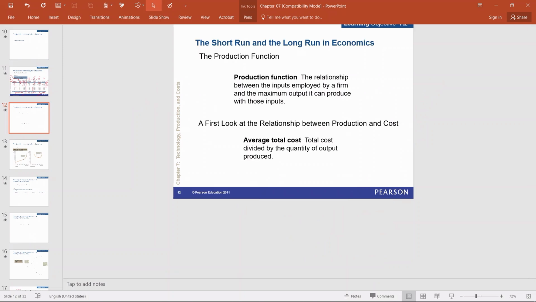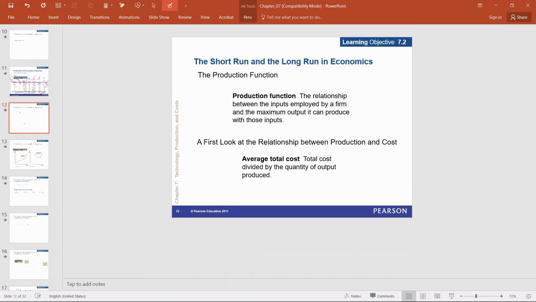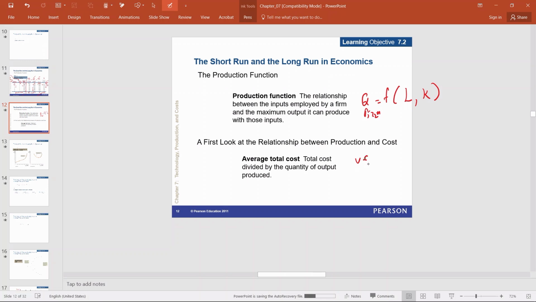We just talked about the production function, so it's a relationship between input and output. In our case, it was Q pizza equals a function of workers, which is labor, and capital, which is the oven. And average cost is, as we saw, variable cost plus fixed cost equals total cost. So you take this total cost and divide it by total production for each level.